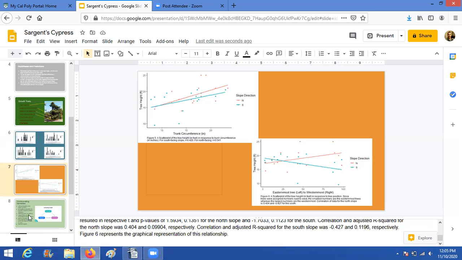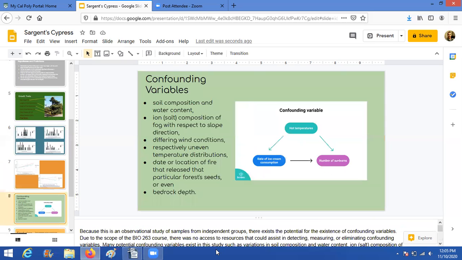So this study has pretty high potential for confounding variables because it is an observational study, and we didn't really have much access to materials or resources that could assist in detecting, measuring, or eliminating these variables. So we have soil composition, water content, ion composition, different wind conditions, different temperatures between the north and south.